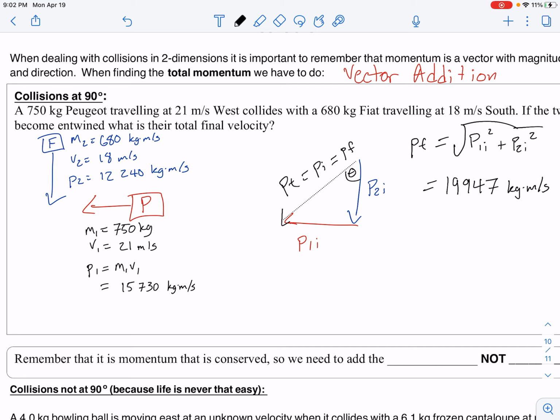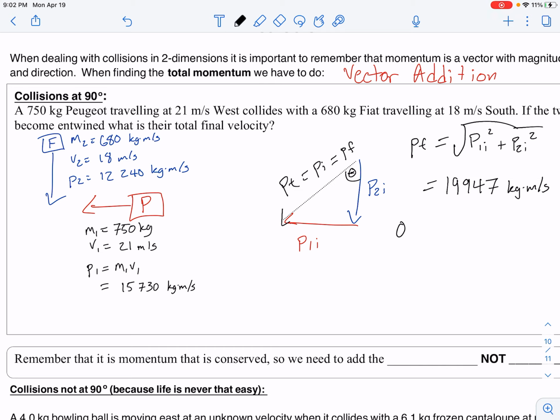A couple other things we can do here. We can still solve for what this missing angle is. Because when we're talking about momentum, it's helpful to know which direction it's moving in. In order to know which direction our vehicle is now moving in, we need to figure out our angle, theta.